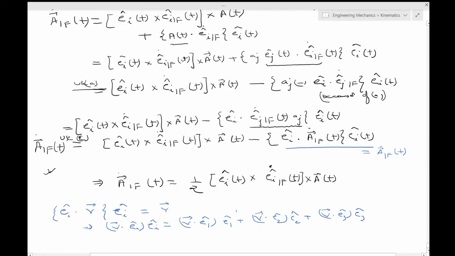Now if your vector V was actually equal to V1 e1 hat plus V2 e2 hat plus V3 e3 hat, then V dot e1 will become V1 e1 hat, V dot e2 will become V2 e2 hat, plus V3 e3 hat, and this is equal to V. Hence we can say that this quantity will actually be equal to vector V, and that's why this is written like that.